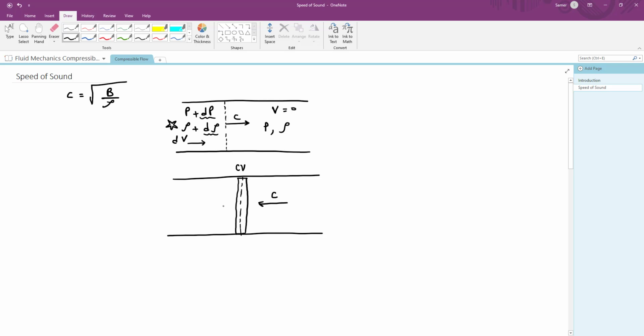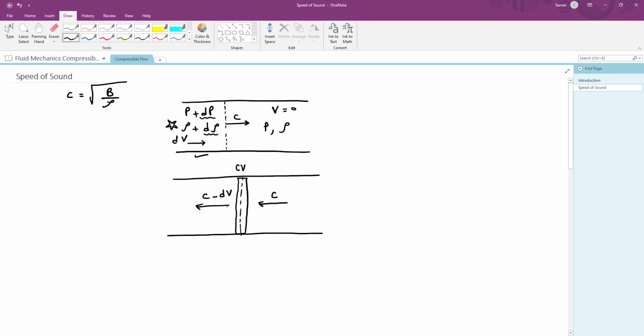And also it will appear to him as if the fluid is exiting the control volume at a speed equal to c minus dV, since if you look at the initial sketch here, this pressure wave will cause the fluid to move to the right at the differential velocity dV.